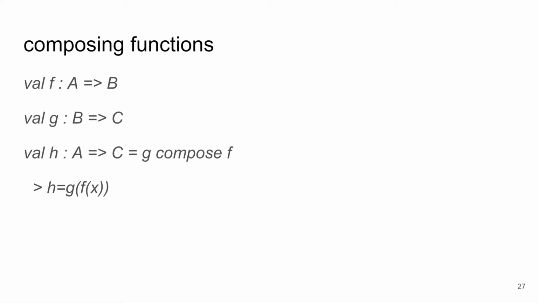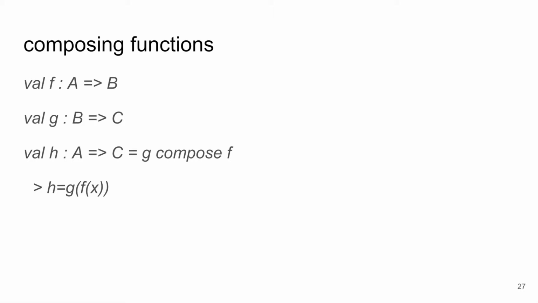A nice thing you can do with functions is composition, which is a way to combine functions. Given a function f from A to B and a function g from B to C, we can create a function h from A to C using composition. You read this as g circle f, and the circle represents composition.